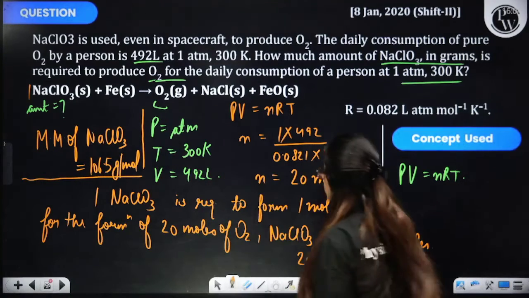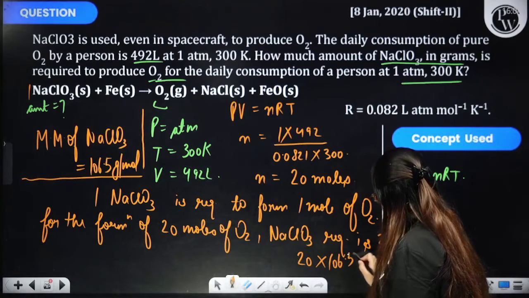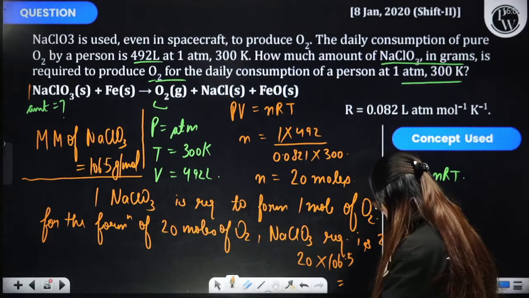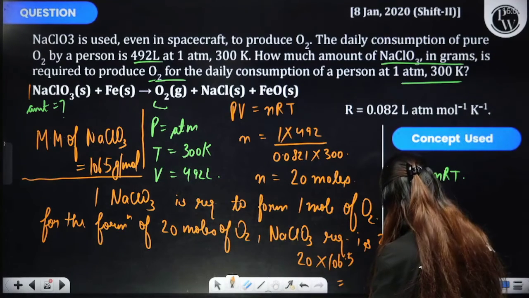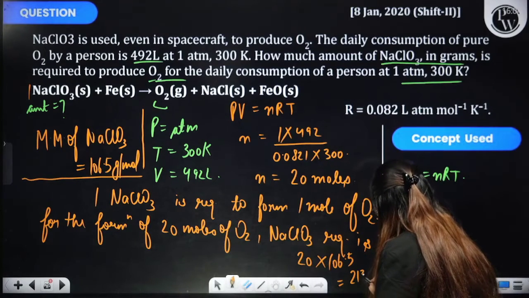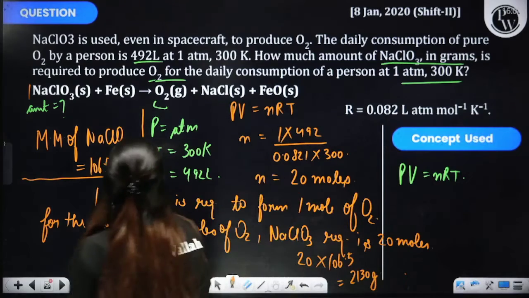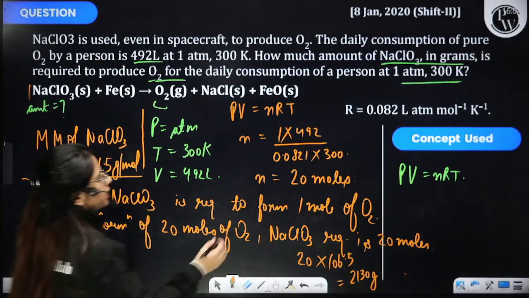So multiply moles by molar mass, that is 20 times 106.5. Further, on calculating, you will get the answer to be 2130 gram. That means the correct answer is 2130 gram.